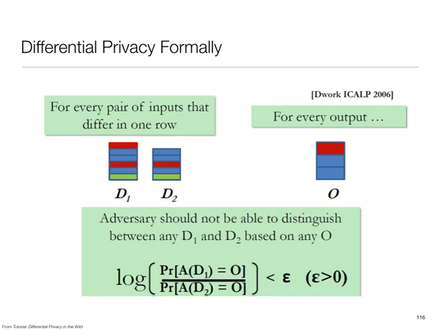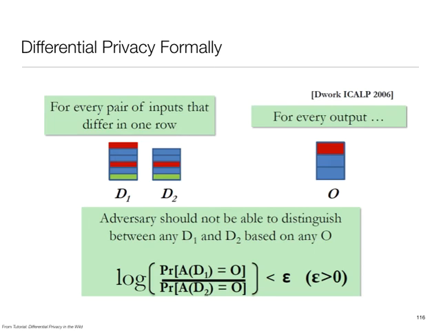Remember, this holds true for any arbitrary pair D1, D2, and for any output O. So in particular, if it holds this way, it also holds the other way. That is, probability A(D2) = O over probability A(D1) = O is less than epsilon.